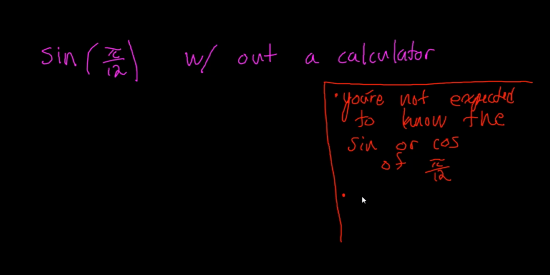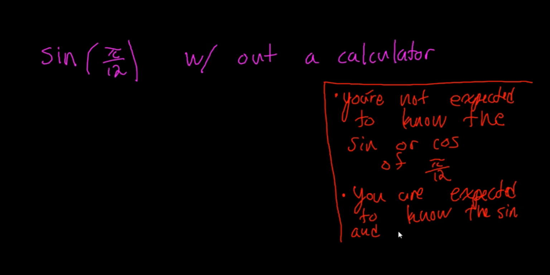But in most scenarios, you are expected to know the sine and cosine of the following three angles: pi over 3, pi over 4, and pi over 6.